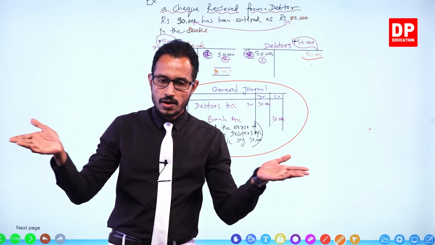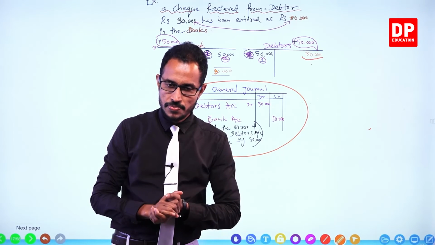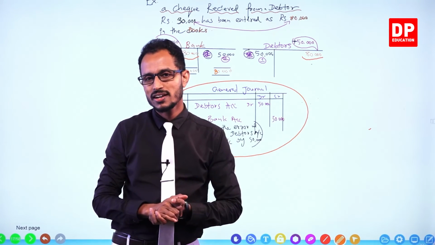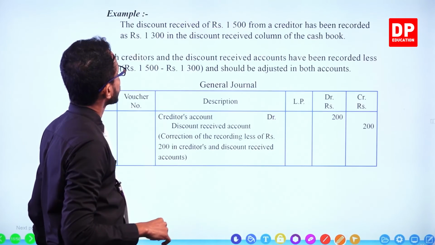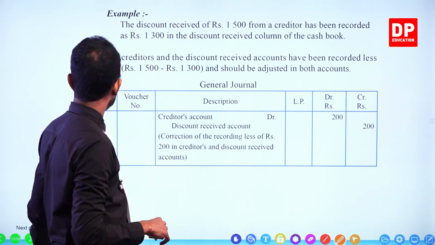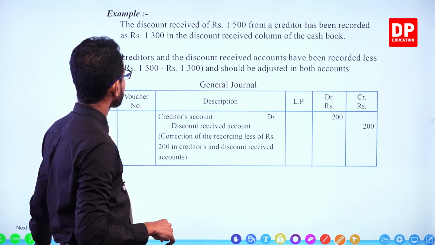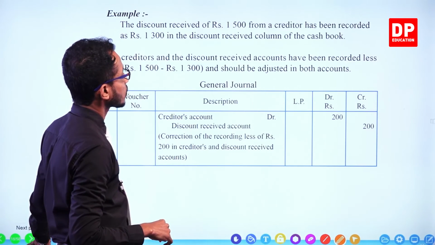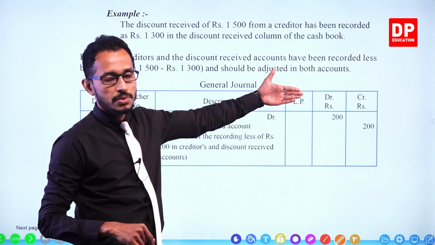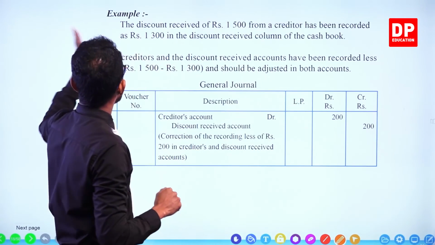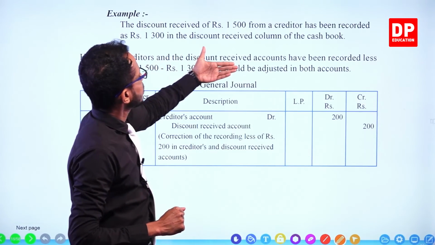I hope to see you soon, children. The next few errors which do not affect the trial balance: we have another error which is similar to the error that we discussed. It is recording of a lesser value.